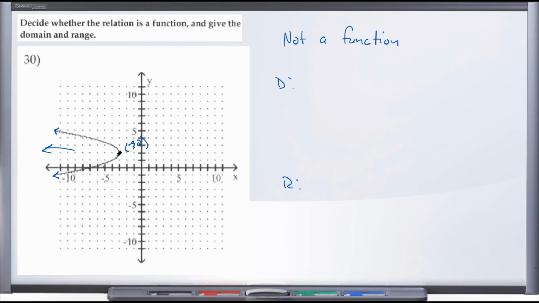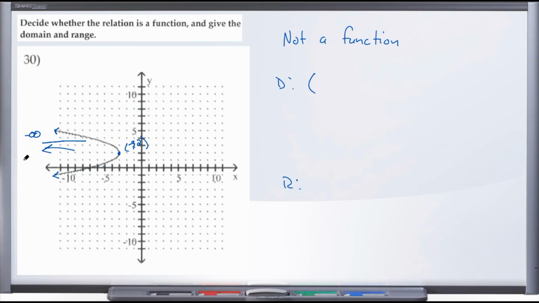As this graph starts here at -3, the x value, it is going towards the left in both directions, and it's only getting smaller, those x values. All right, so remember, x values, what is this heading off towards? Negative infinity.